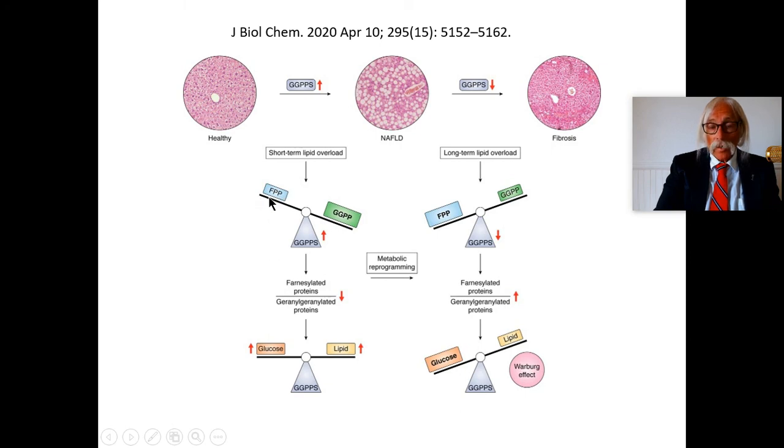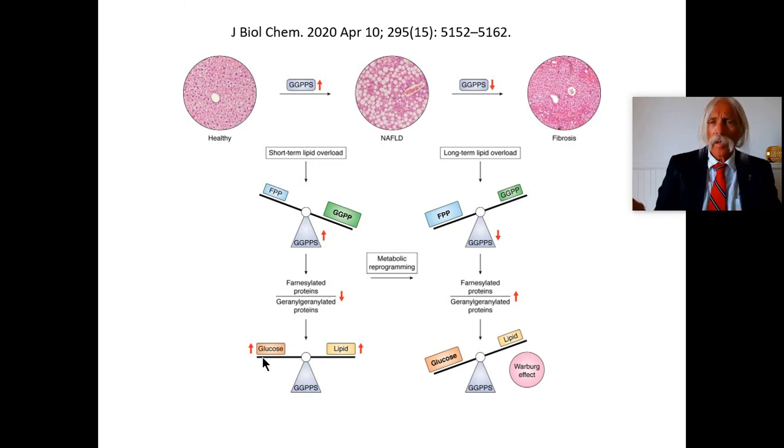In this diagram, you have more of that. That's going to change the ratio of farnesylated proteins to geranylated proteins. In fact, it's going to lower the ratio because you're going to decrease the numerator and increase the denominator. That ratio then will drop. What that means in this system is you're going to have about an equal use of glucose or lipid, again showing the rheostat control, the fulcrum of which is that geranyl pyrophosphate synthase, the enzyme.